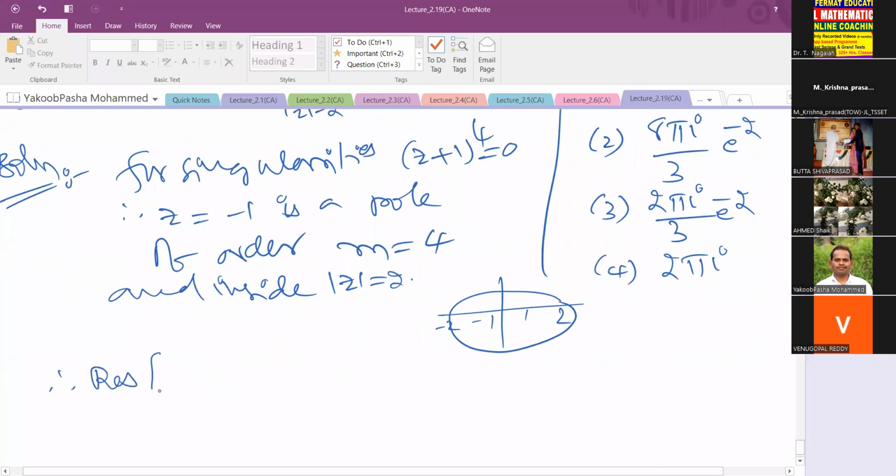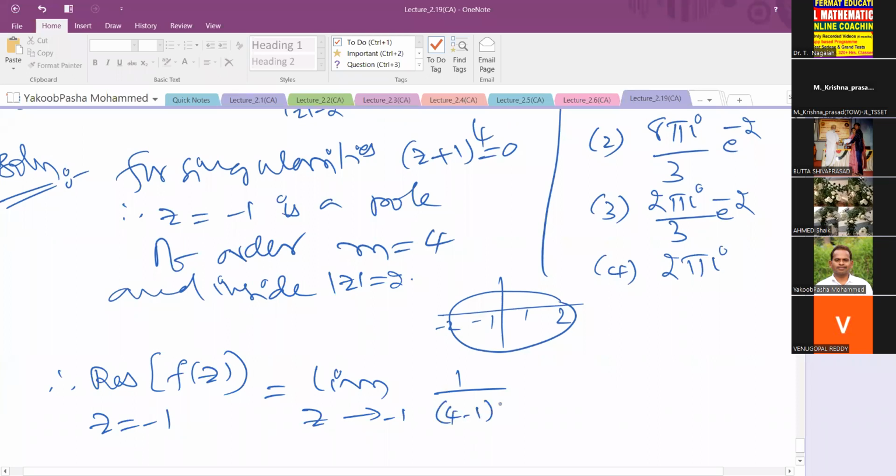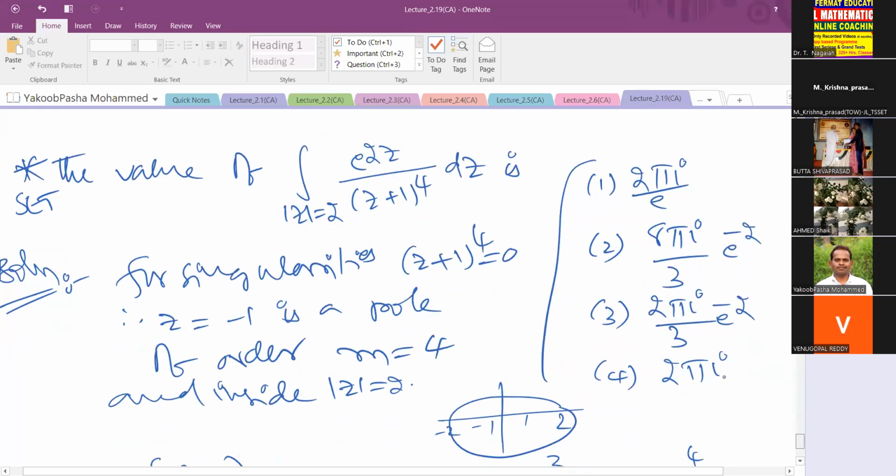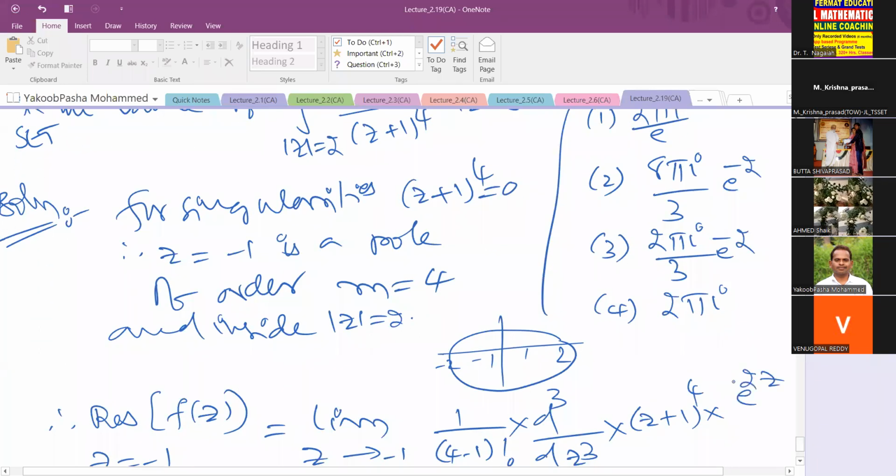Therefore, residue of the function f of z at z is equal to minus 1 is equal to, it is a pole of order m equal to 4, so limit z tends to minus 1, 1 by m minus 1 factorial, that is 4 minus 1 factorial, into d cube by dz cube of z plus 1 whole to the power of 4 into the function e power 2z divided by z plus 1 whole to the power of 4.